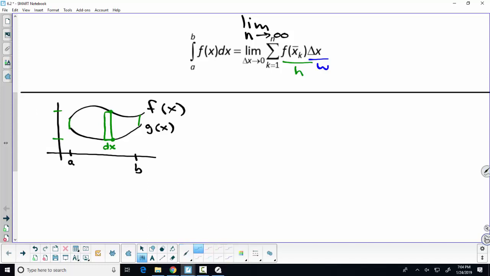Really the only thing that we're modifying here is that this area bounded by these two curves from A to B, we still have this thickness or width, if you will. But now just the height of each rectangle is modified to f of x minus g of x.